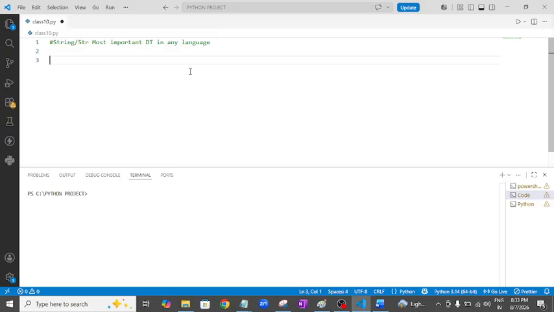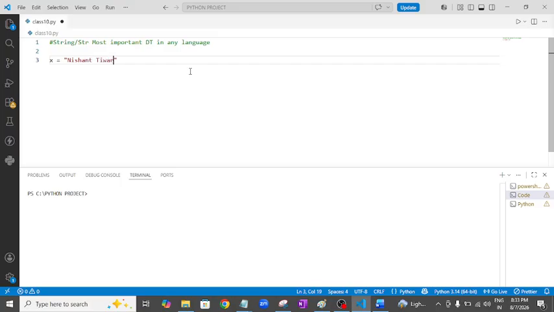What we already discussed is that there is no such concept of a character. Anything that we define in double quotes is a string.